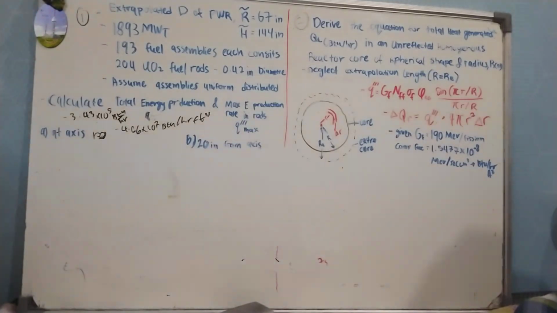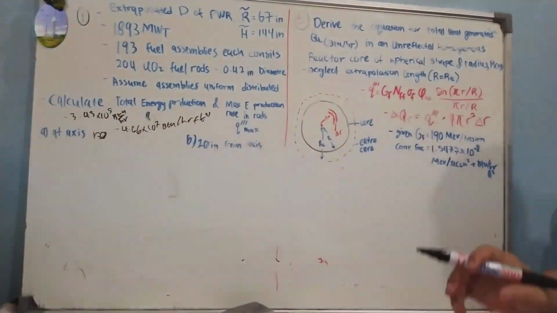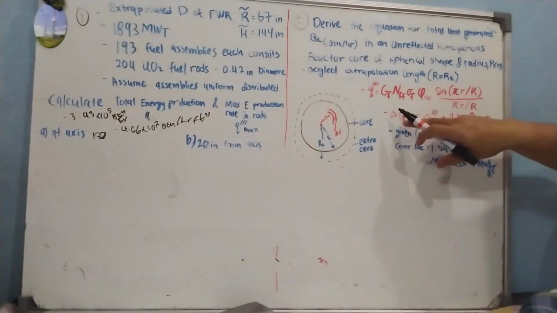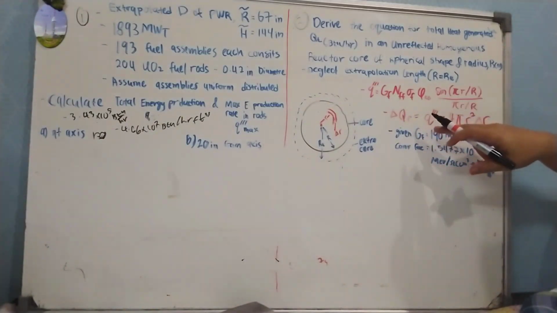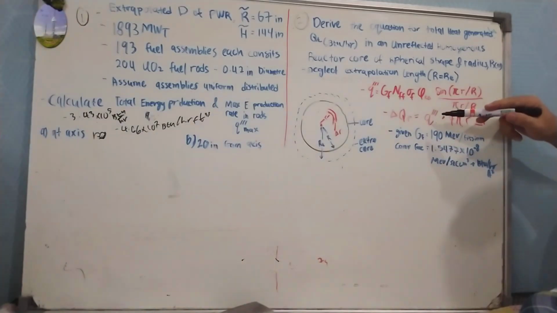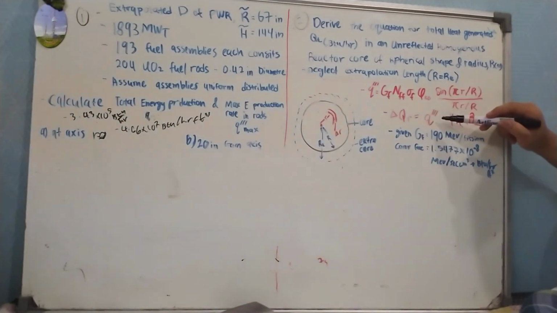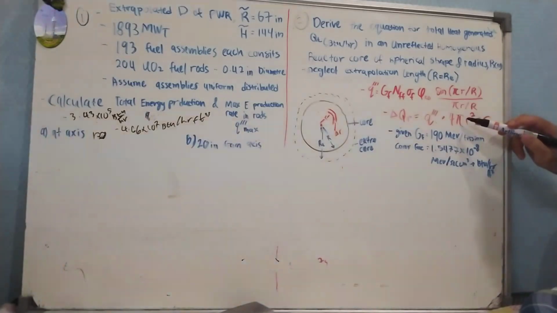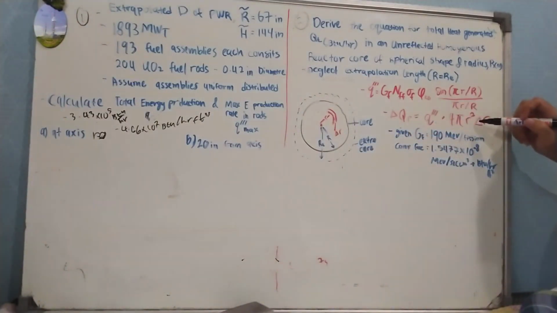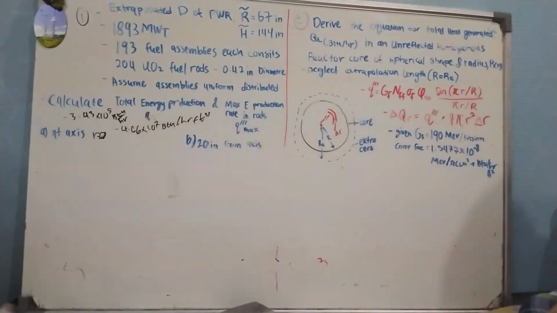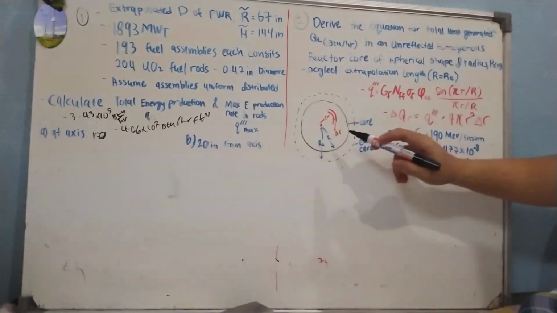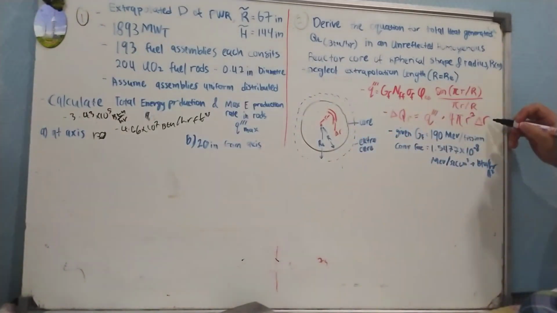In a spherical shell, the heat generated in the shell is QR, equal to Q, the volumetric thermal source strength, times the area of the shell, 4 pi r square, times the thickness.